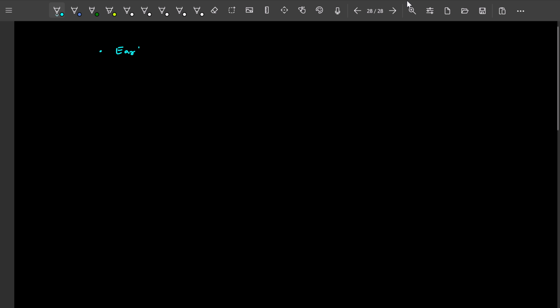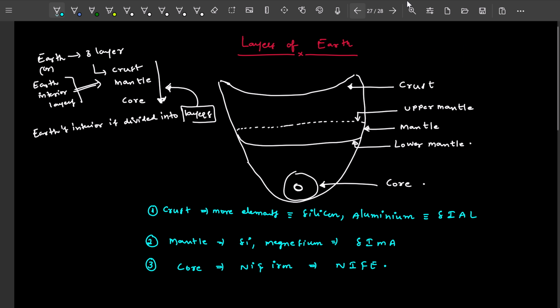The abundant elements of the earth's crust are oxygen, silicon and aluminum, in decreasing order. The highest is oxygen and the least is aluminum. That is the earth's crust, which has oxygen, silicon and aluminum.